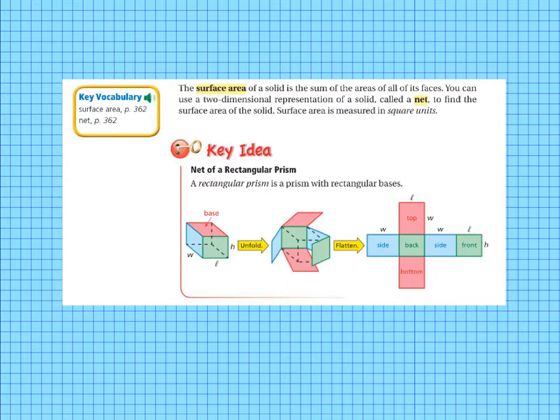The example shows how, if it were a box in real life, you would unfold that and flatten it out, and it shows you all the different pieces of that. So be sure that this important key idea makes it into your notebook.